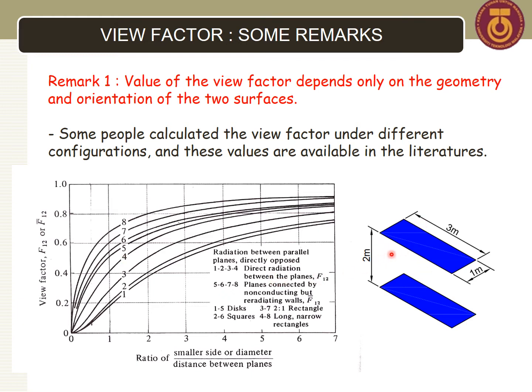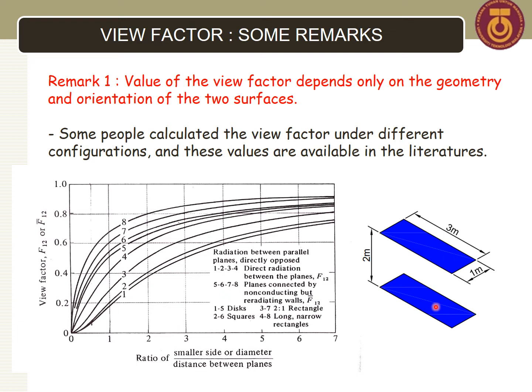And if these two planes are connected by re-radiating walls, meaning there are walls 1, 2, 3, 4 between the two planes, then you need to refer to curves 5 to 8. Here you can see curves 1 to 4 generally have lower values of F12, but if you add a re-radiating wall between the two planes, it acts like a mirror.